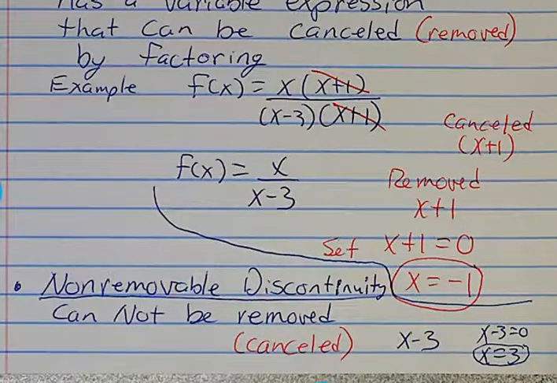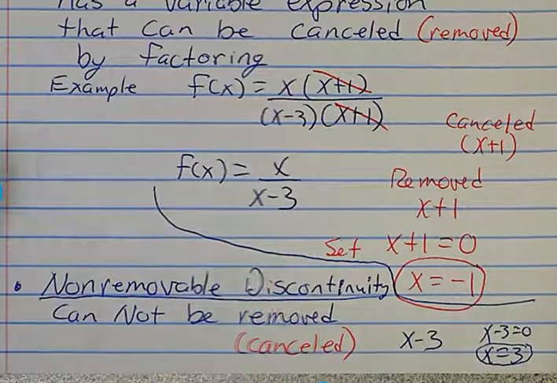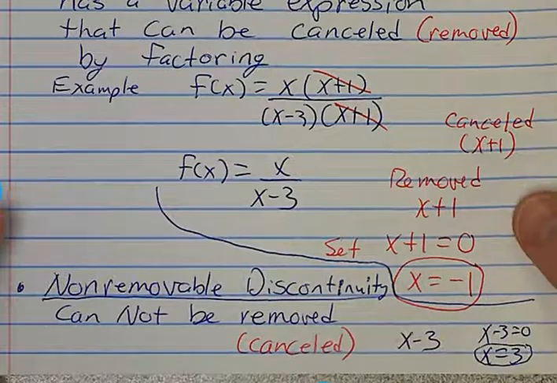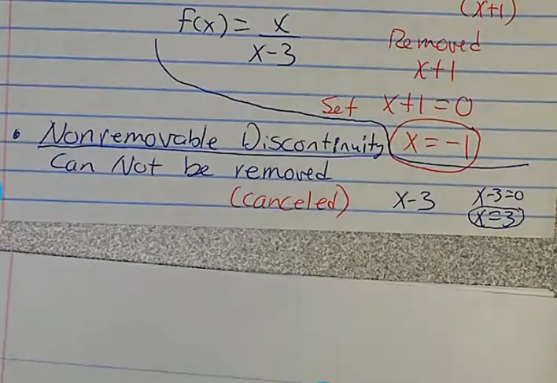Okay, and then the last two things we'll look at. We kind of talked about vertical asymptotes and horizontal asymptotes in section 2, just about what they were, and we put the lines there. This time we're going to dig into them a little bit deeper.